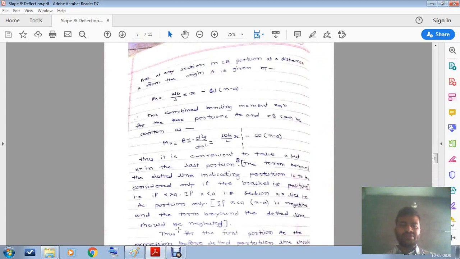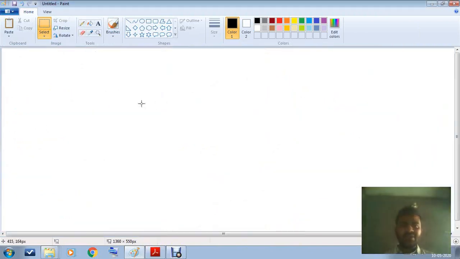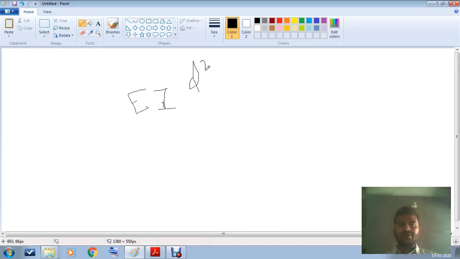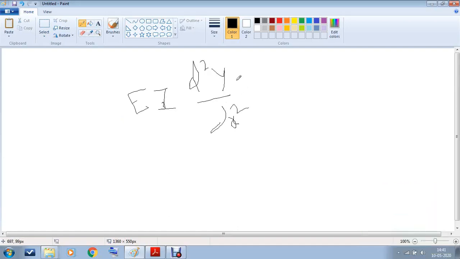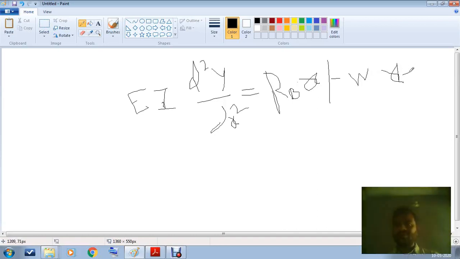So I will write an equation directly. If I integrate it, the equation will be EI d square y upon dx square is equal to RB into X, minus W into (X minus A).